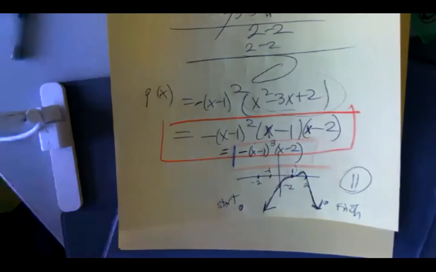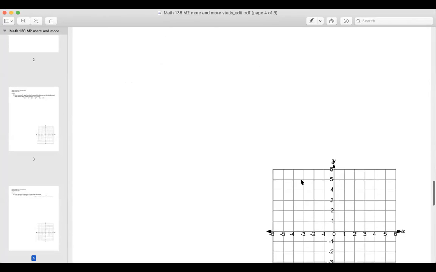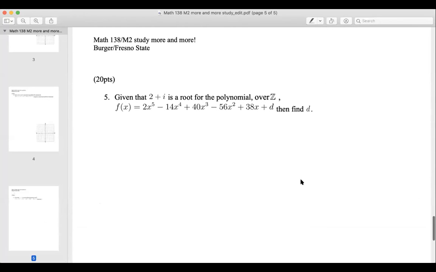The last problem, 12, that I just added, is one of those C things. So let me get that going. Okay. Last problem of the test. Let's do this. 2 plus i is a root, and find d.